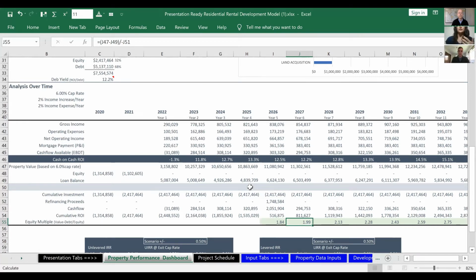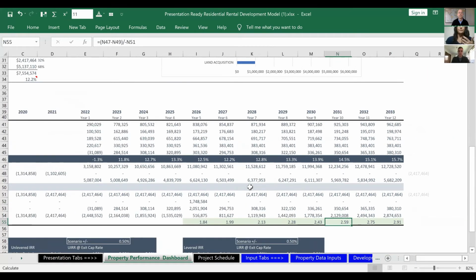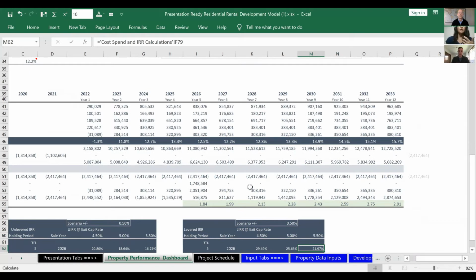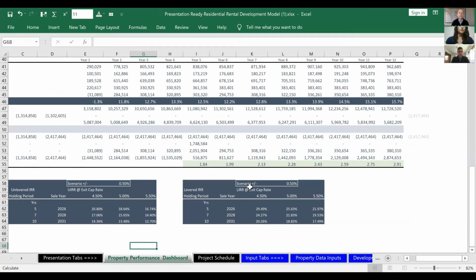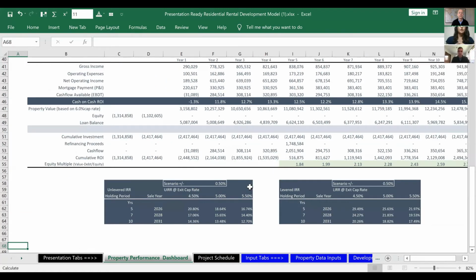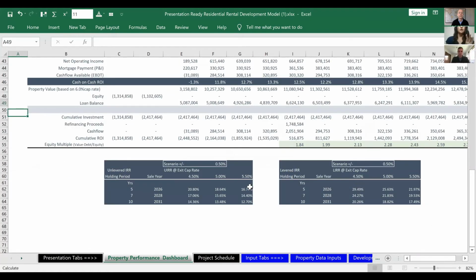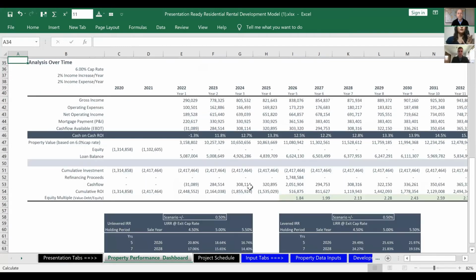That's why you see over time that this number is going up. Down below, we have the summary of IRR calculations that I showed you earlier. I think that gives a good picture of what the project looks like without looking at all the details.